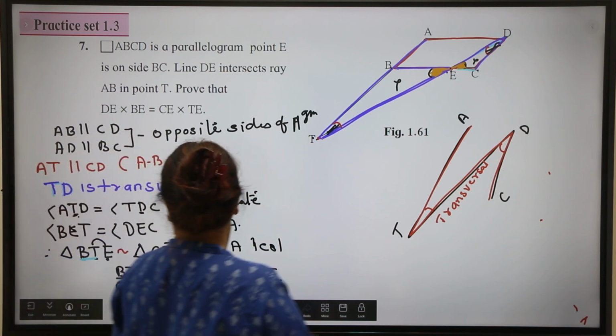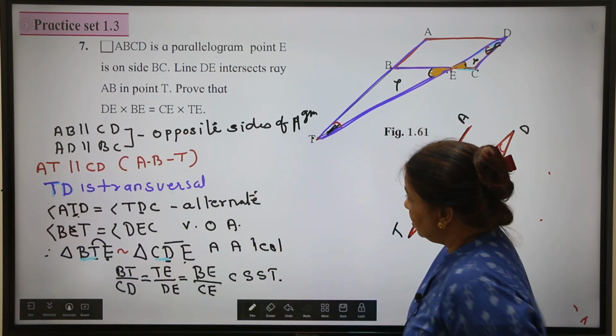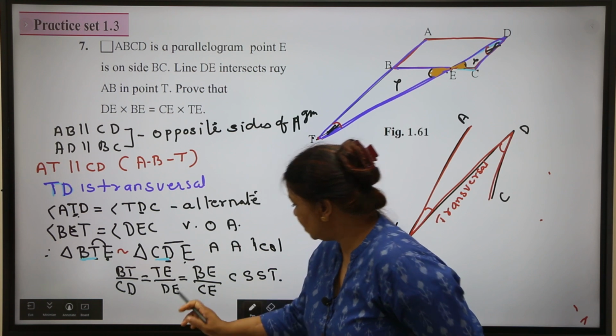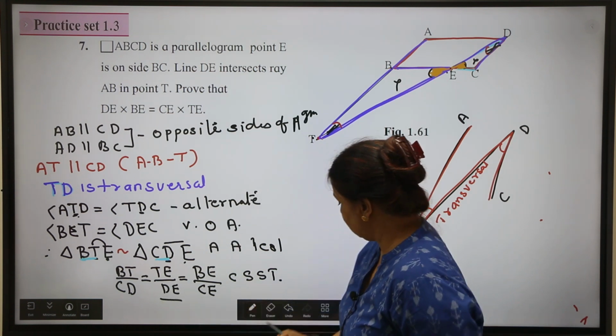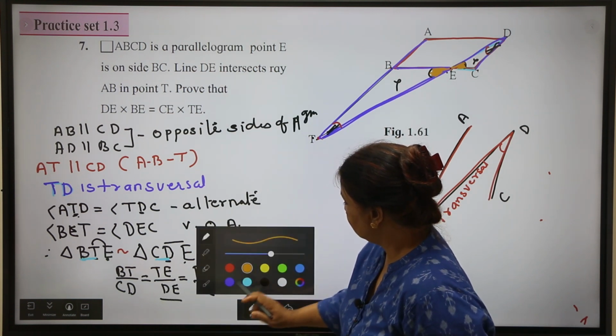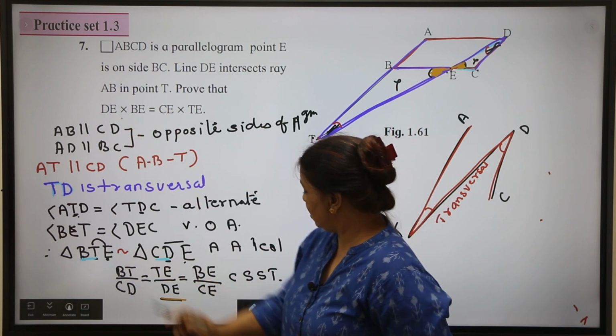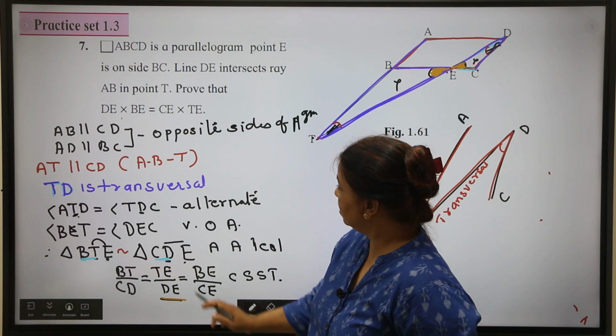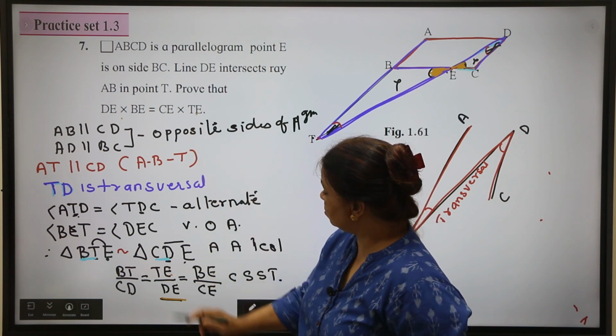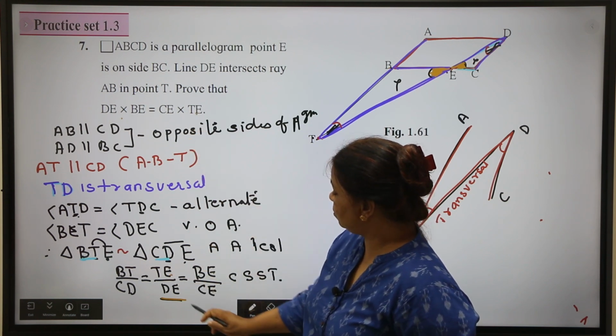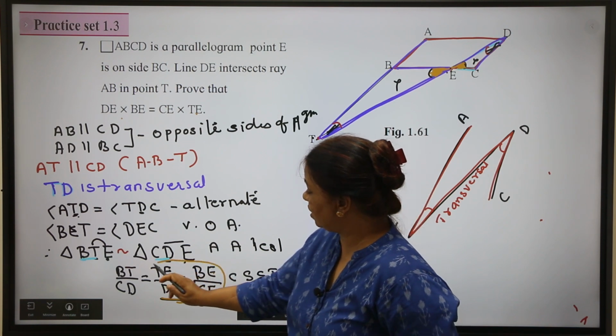Now what I want, DE, where is DE? Yes, here is DE, and this is DE. I wanted DE and BE. Yes, BE I am getting here, and I wanted TE. T is also there here. C I wanted. So these two ratios are enough for me to take.